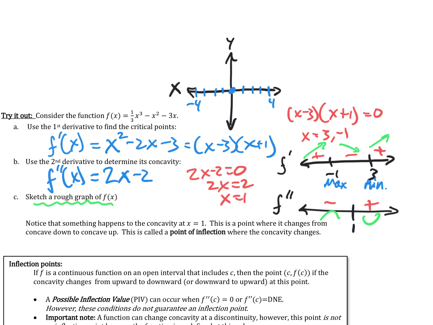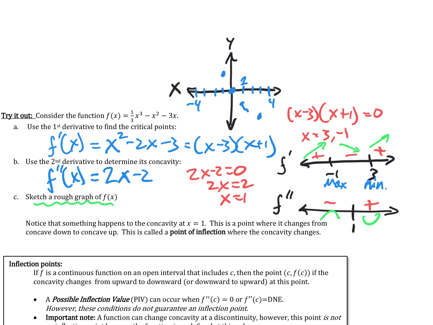We know that at negative 1, we have a maximum. We know that at 3, we have a minimum somewhere down here. And we know that at 1, the concavity changes.